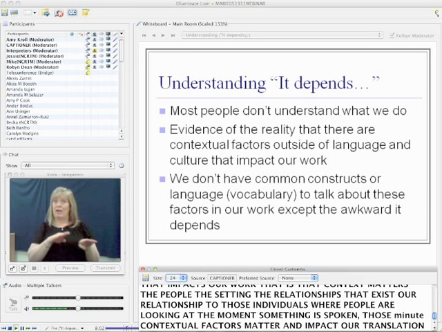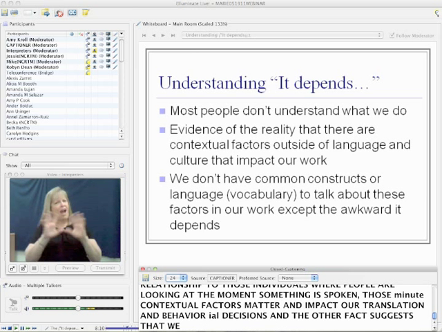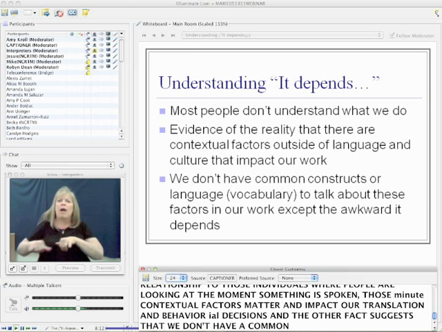The other aspect about "it depends," and the fact that it exists, suggests that we don't have a common construct or vocabulary to talk about the factors in our work.